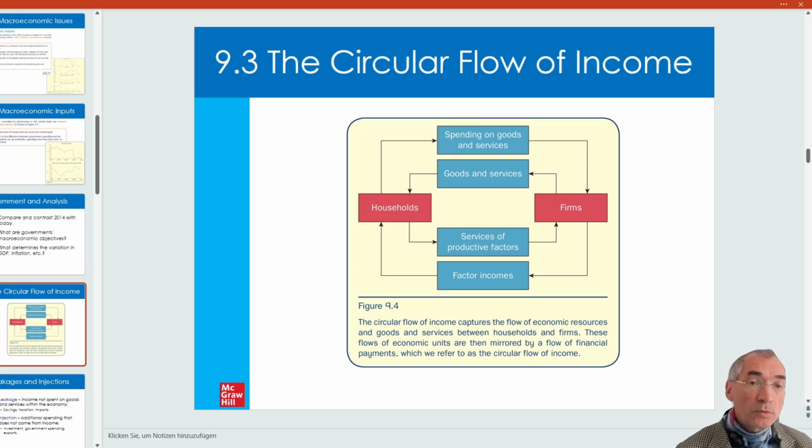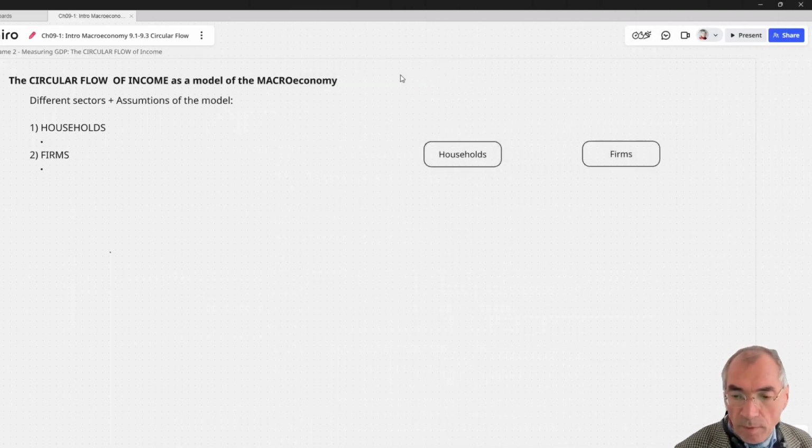And in order to do that, let us first think about the circular flow of income and define the different parts. In our second frame on the board, titled The Circular Flow of Income as a Model of the Macroeconomy, with a certain emphasis on model.